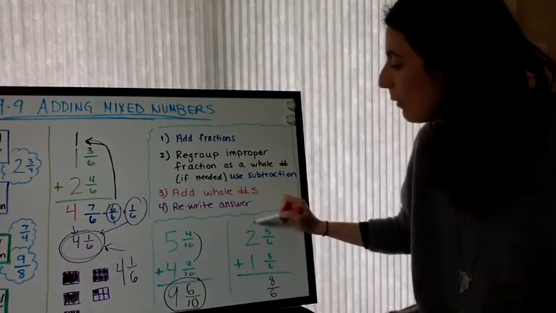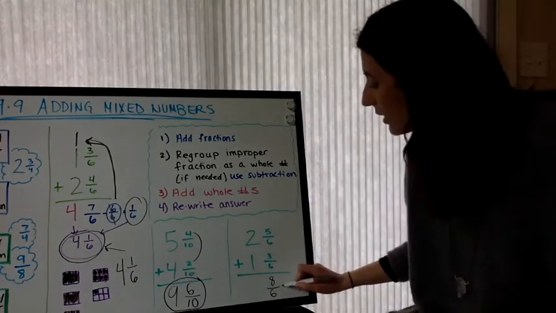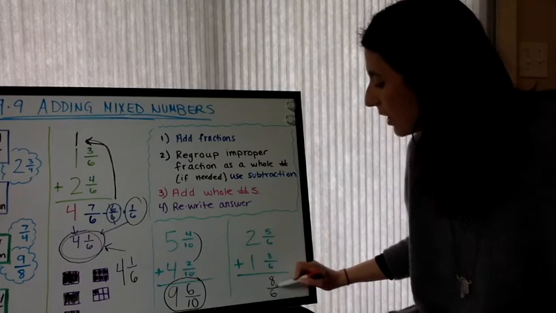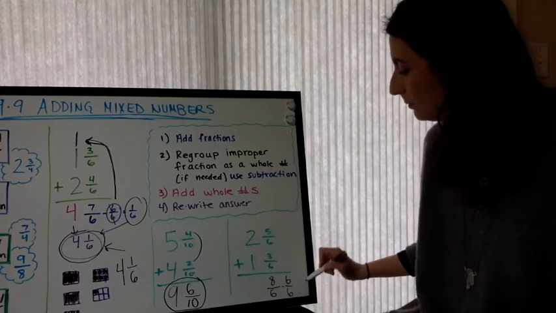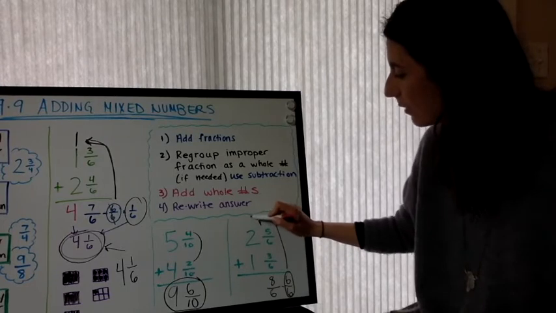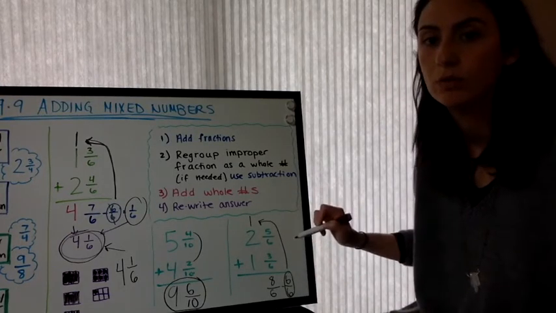So I want to take that one whole and I want to get it over here to where I keep my whole numbers. So in order to take that whole, I'm going to take how many parts of 6 make a whole? 6/6 make a whole. I'm going to take that one whole and I'm going to put it up here. 1. 6/6. I just regrouped as one whole.